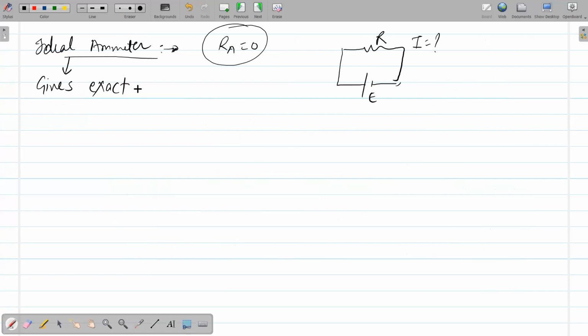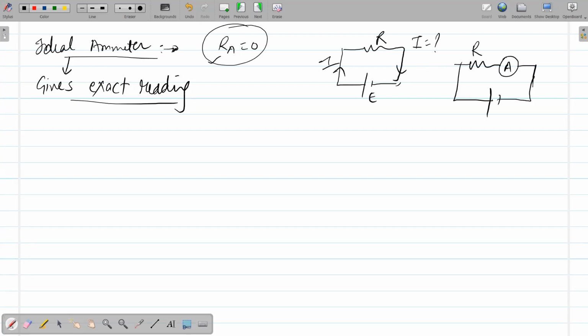Is it clear? So why must an ideal ammeter have resistance 0? Because if you connect the ammeter in the circuit, it measures current, so it is connected in series, and then it must not affect the resistance of the circuit. So in order to do this, the resistance of this ammeter must be 0.